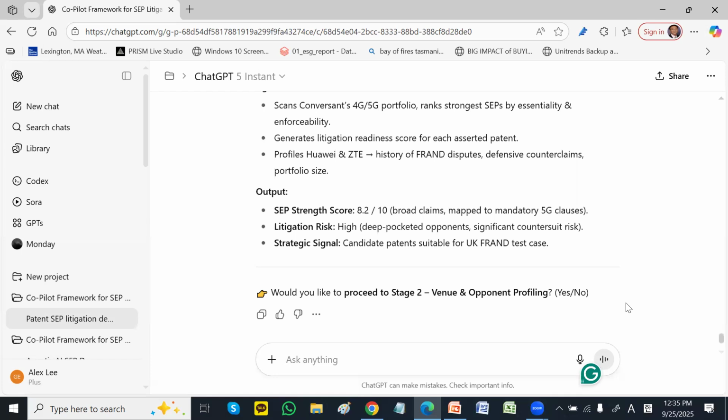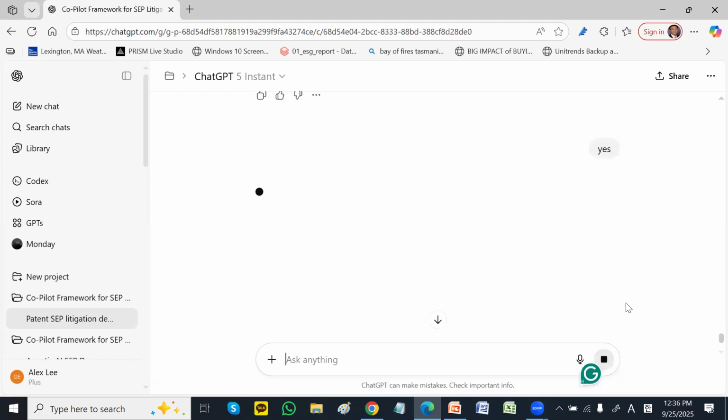The problem is how to interpret FRAND licensing, because court interpretation is different in different jurisdictions. And recently there were several cases that may conflict with each other. So that's why this should be looked at separately.